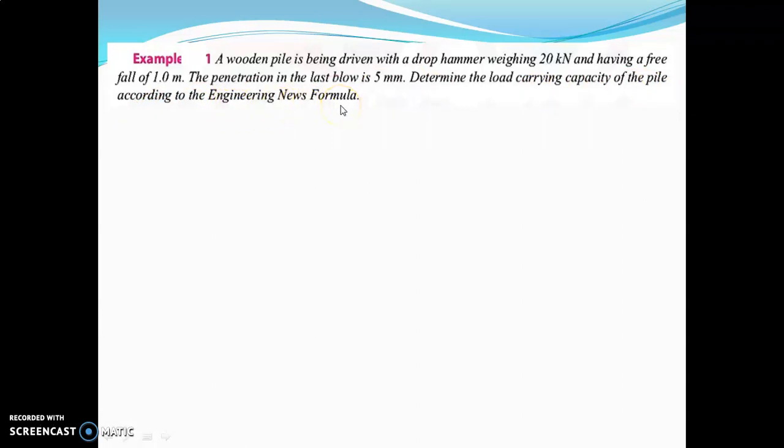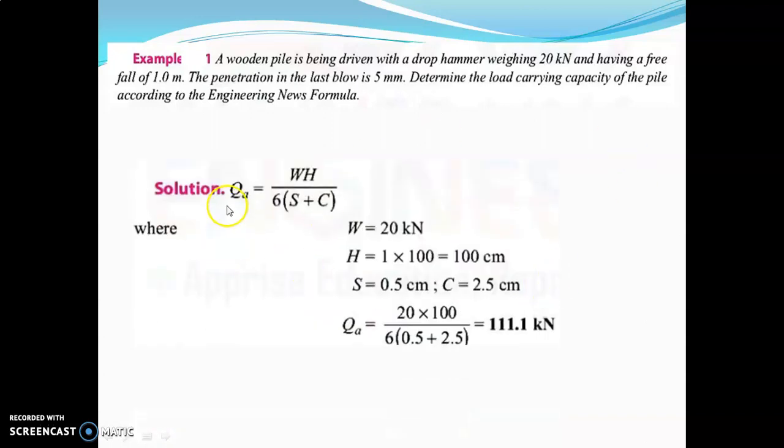Here it is asked to calculate the load carrying capacity of the pile based on the ENR formula. We have the ENR formula to find the allowable load or capacity, that is equal to WH divided by 6 into S plus C, where W is the weight of the hammer, that is 20 kilonewton, and H is the height of fall, that is here 1 meter.